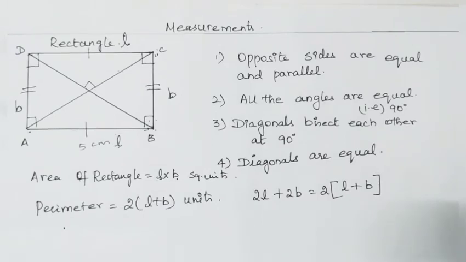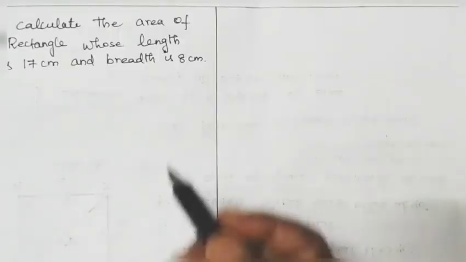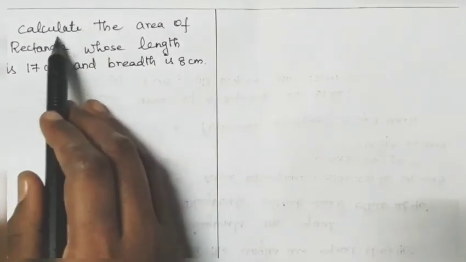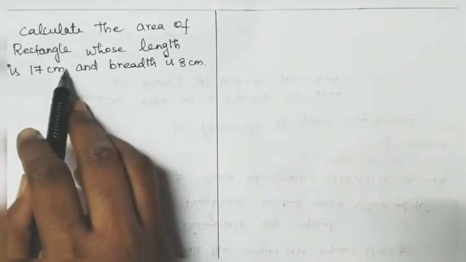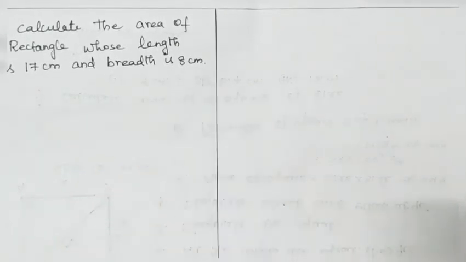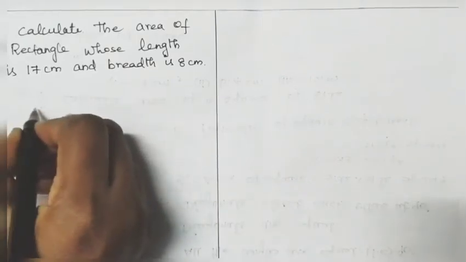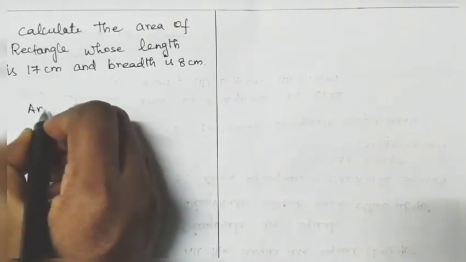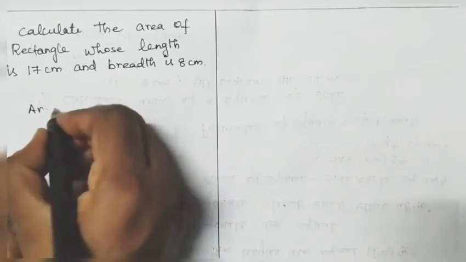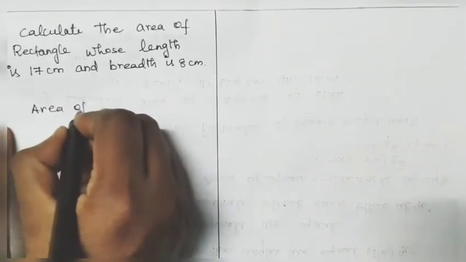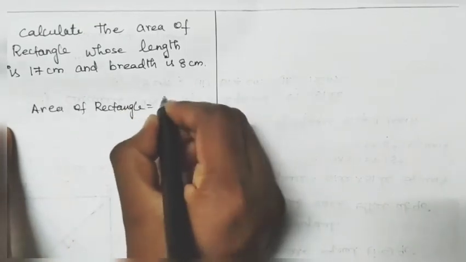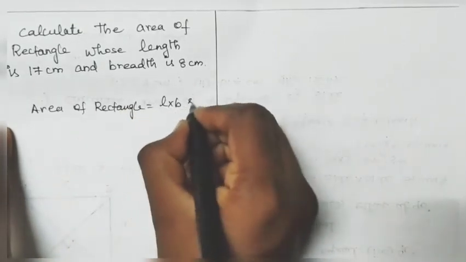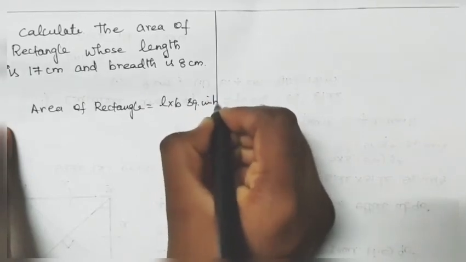Now let's see the problems on area of rectangle. Now listen to the first sum. Calculate the area of a rectangle whose length is 17 centimeter and breadth is 8 centimeter. So the area formula is L into B square units.